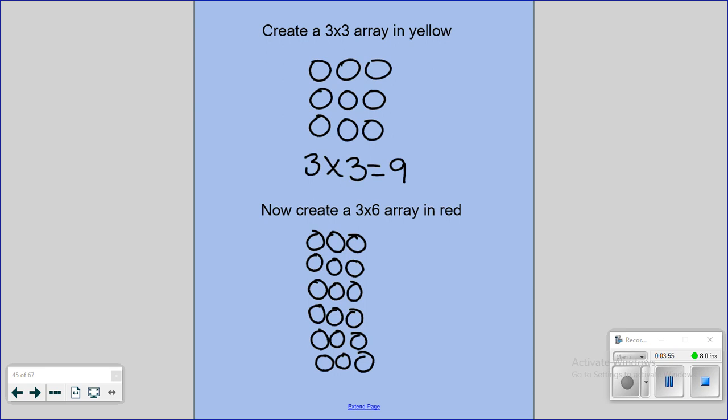Next to that array, we're going to write the equation that matches it. What equation does match a 3 by 6? Ashlyn? 3 times 6. Go ahead and finish it. What equation?